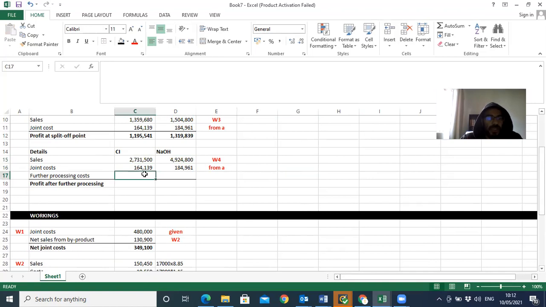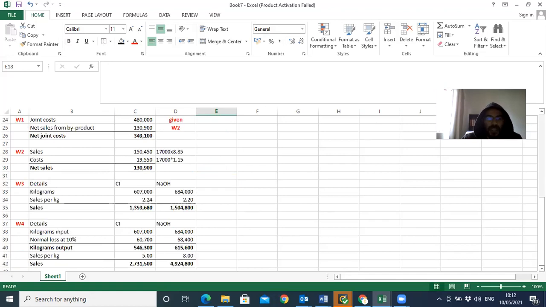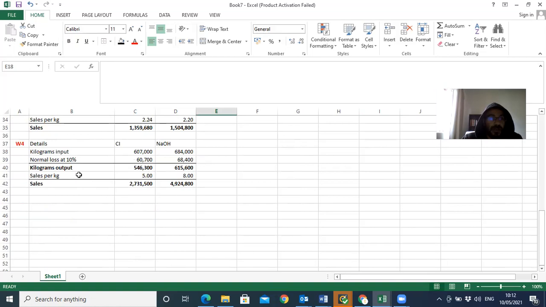Okay, so all I need to do now is get the further processing. So I can say working 5. Remember, the 10% was lost in the beginning of the process. So therefore, when we work out the further processing, we must use the kilograms after the loss. Just take a note. Because the kilograms was lost at the beginning of the process, you're only applying further processing costs to what is in the process.